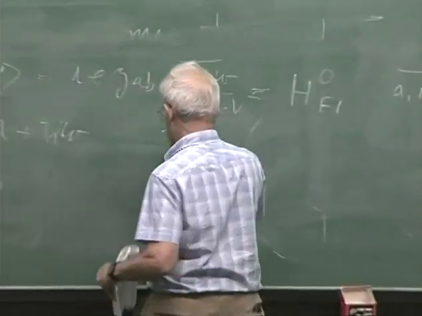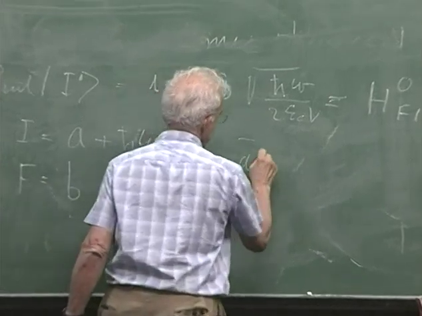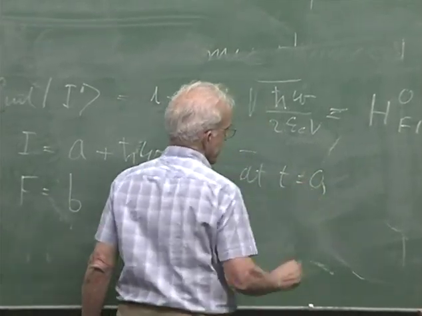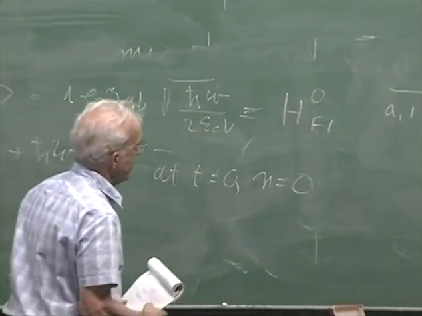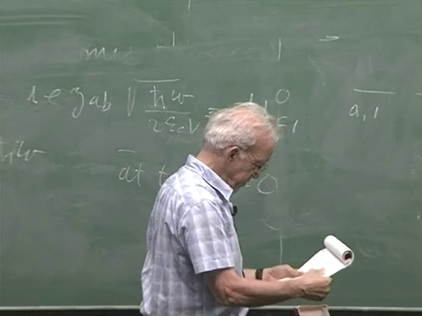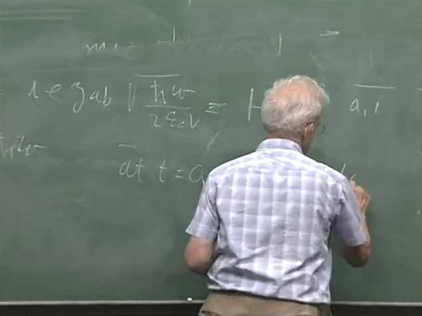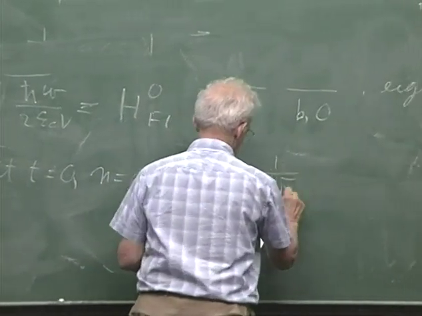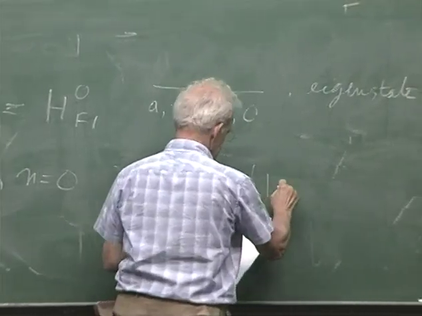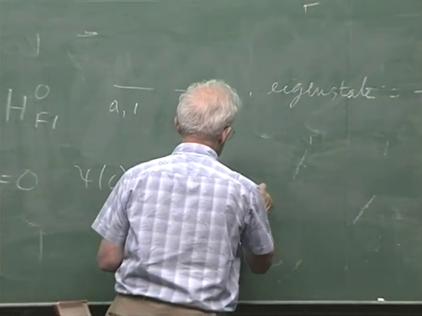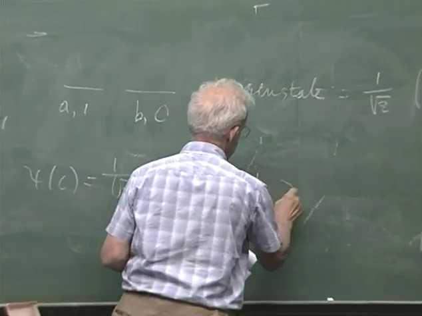So suppose we say at t equals 0, there is no photon in the cavity. Well, that means that psi 0 is going to be, in this particular state, 1 over root 2 of the plus state plus the minus state.